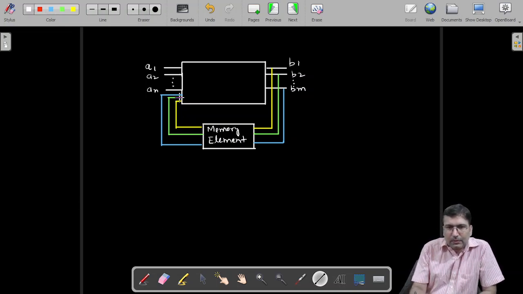So whatever is getting stored in the memory element, that is being passed as input. And I'm writing here, this is actually the combinational circuit. This is a combinational circuit only.